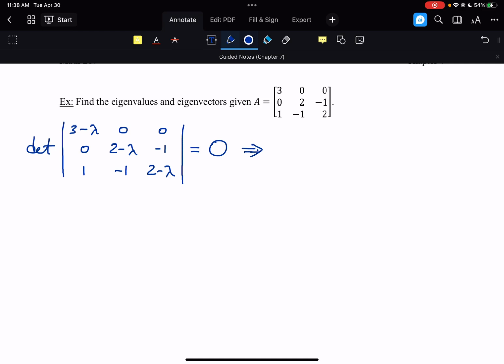Now, when it comes to solving out these equations, especially for 3x3s, the method that we use can vary from problem to problem. You have to think back to chapter 3 a little bit, how we compute determinants. You can use cofactor expansion. That's a pretty common way of doing that, especially with one like this, because you have this term here and all zeros in that first row. So it might be easier to just set it up that way.